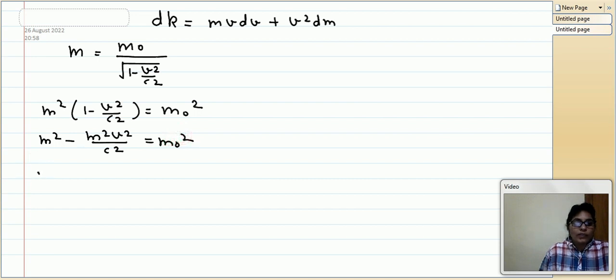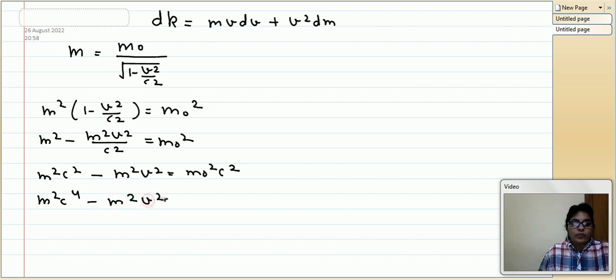Taking the LCM, m square c square minus m square v square is equal to m naught square c square. Now let us multiply this whole equation by c square, then it will become m square c to the power 4 minus m square v square c square is equal to m naught square c to the power 4.